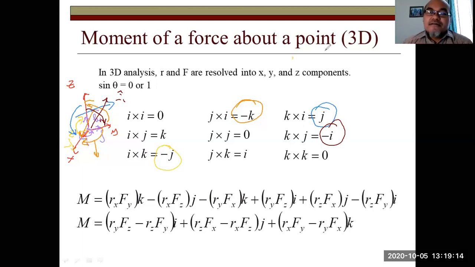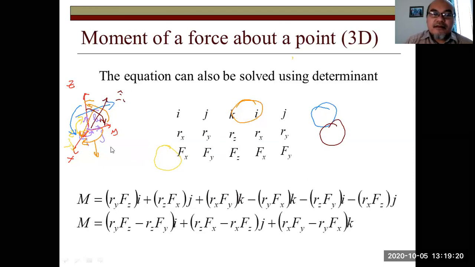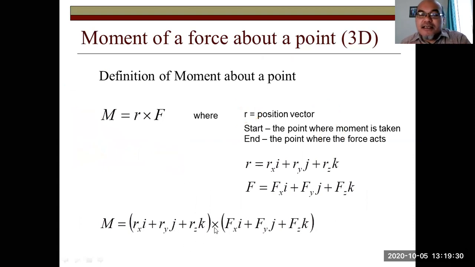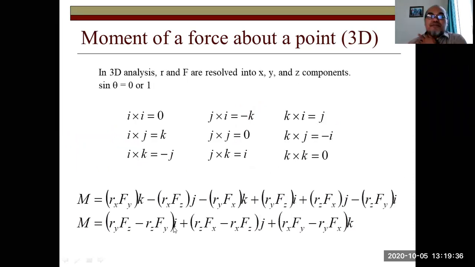So from the previous slide, we see that M is obtained from Rxi plus Ryj plus Rzk, cross product Fxi plus Fyj plus Fzk. Then we just need to group accordingly, which one is multiplied with which one. So which one becomes k? The k component comes from i cross j, which is Rx multiplied by Fy.